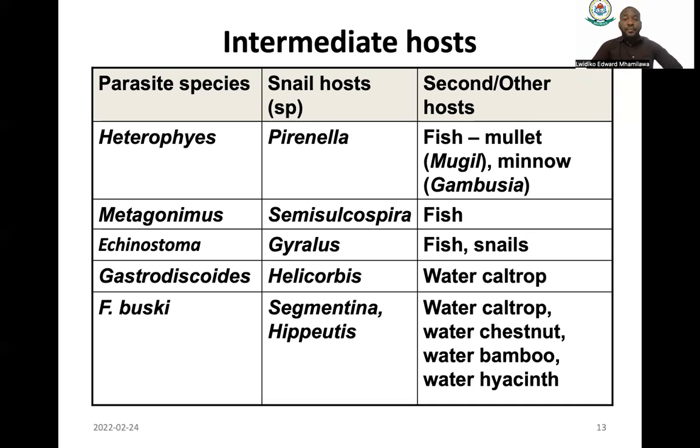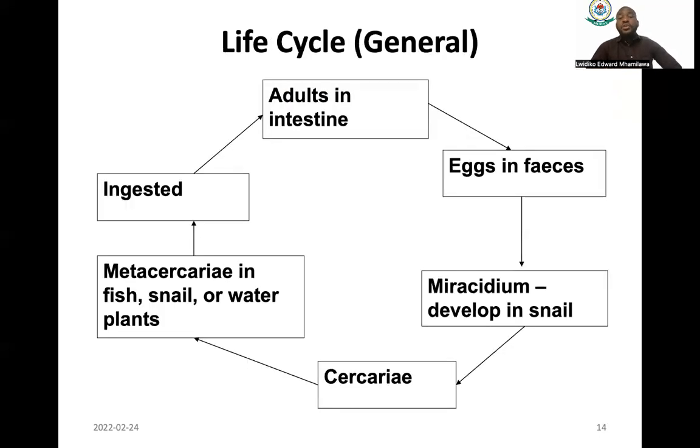All right? It's important to remember these intermediate hosts, because when you're talking about control measures, you use molluscicides to kill the mollusks, which are these ones, and they die. So the general life cycle includes adults in the intestines.